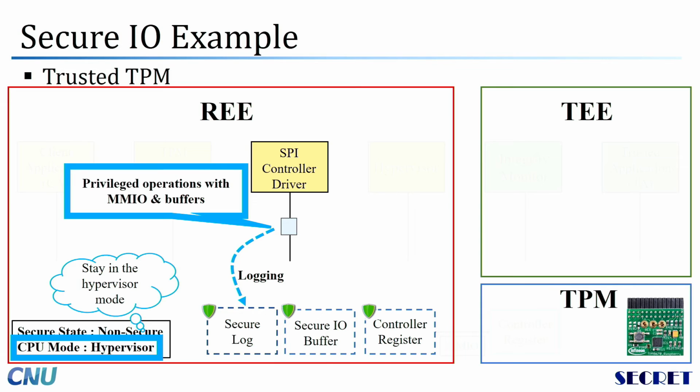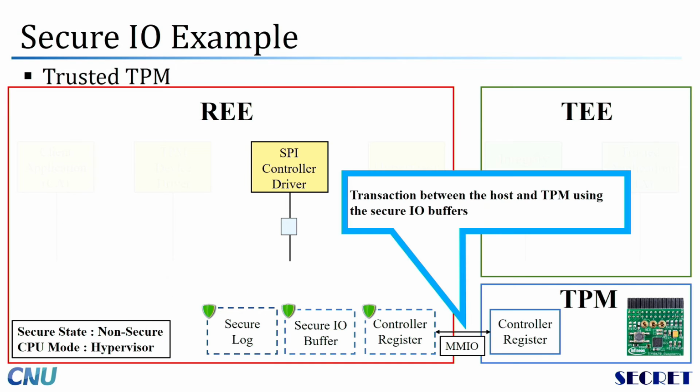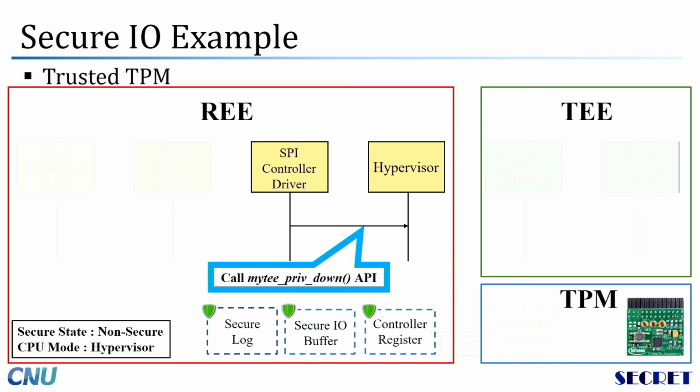Besides, it logs the command written to the TPM for future validation by the trusted application. The TPM performs the requested operations such as random number generation, and the result is read and written to the secure I/O buffer by the privileged code blocks. Once all the previous operations are conducted, it invokes the MyTEE PrivDown API to lower the current privilege.